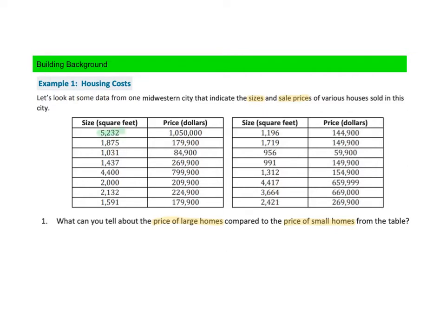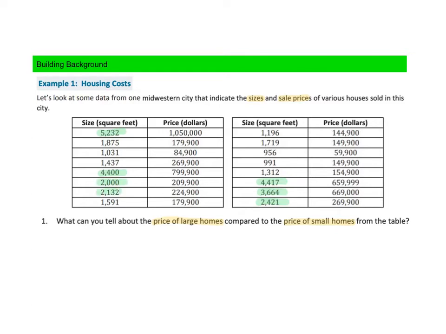So this one's 5,000 square feet. That's pretty high. 4,000, that's pretty big. Here's another 4,000 square foot home. This 3,000 square foot home is pretty big too. So those are the larger homes here. I would even say anything that's a little bit over 2,000 square feet is a big house.